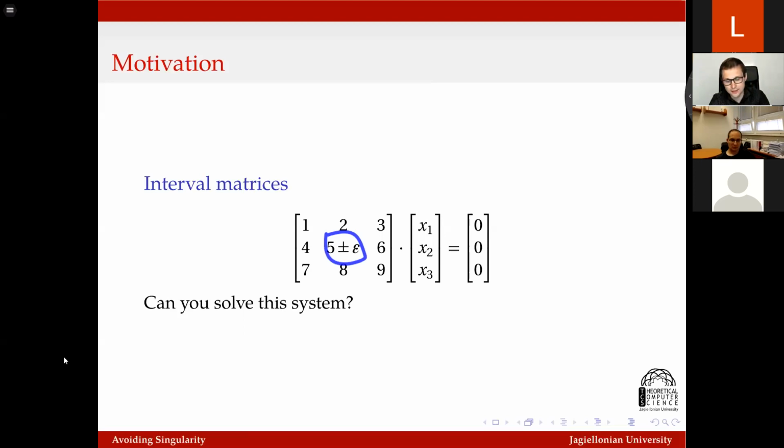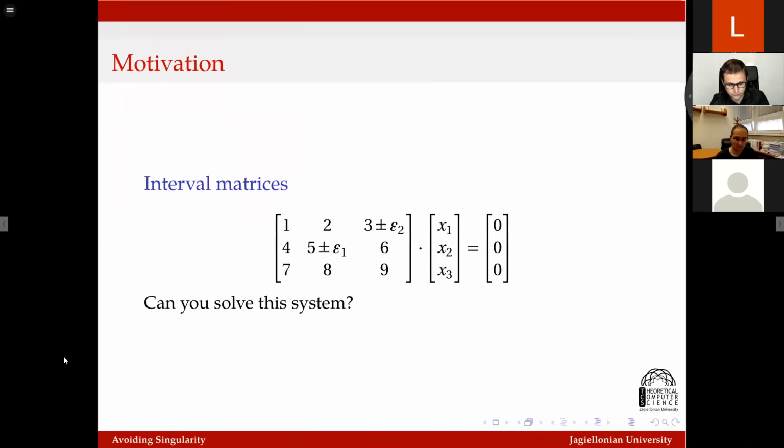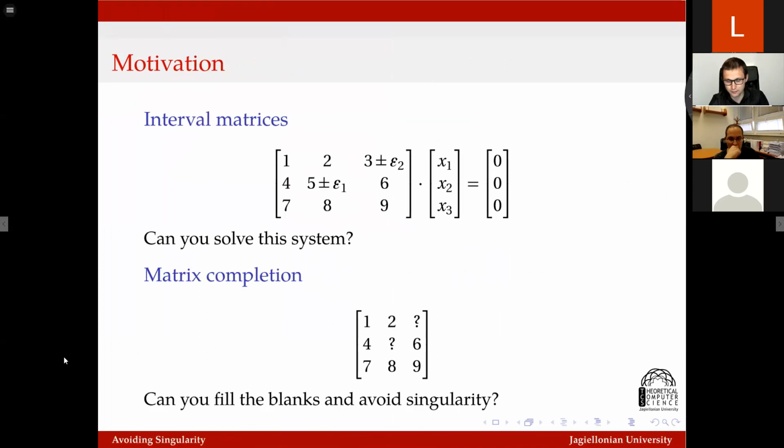Both of these problems are interesting. One of them is maybe harder and even of more importance, but I will be interested in the notion where I want to find one particular matrix that satisfies those constraints and allows for solutions. So I want to find some value, for example, 2.5 here and 5.01 here, such that the matrix that we get is non-singular, and we can use standard methods.